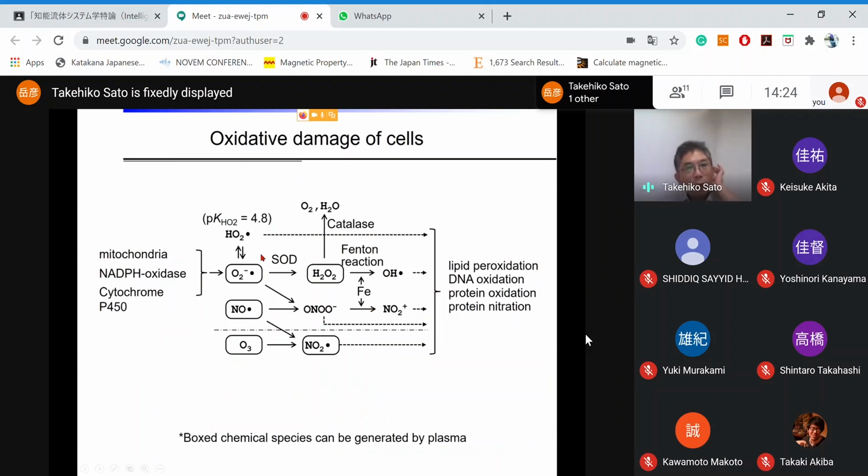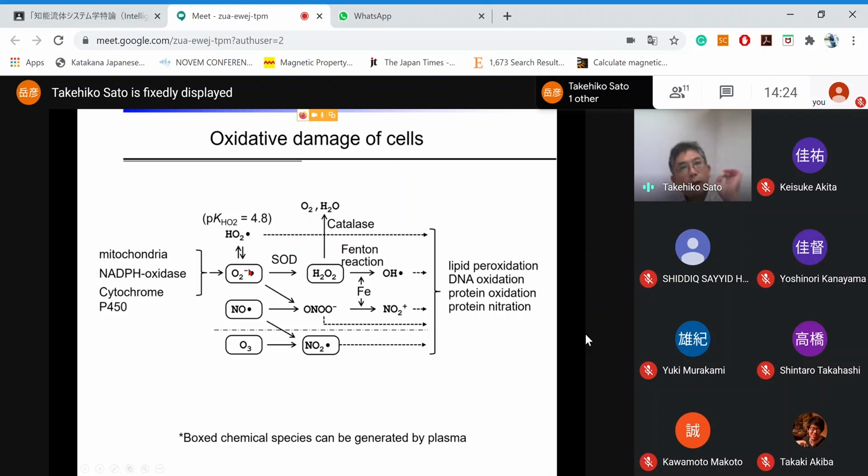So the mechanism of killing the cell or bacteria. This is superoxide. It's the main chemical species.